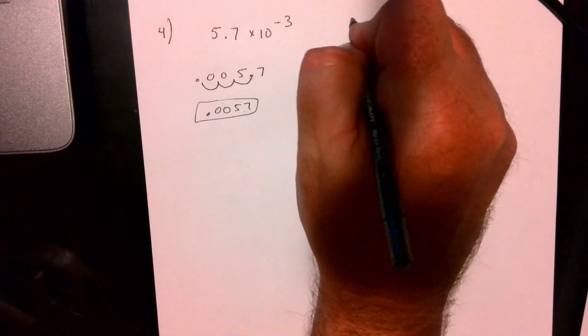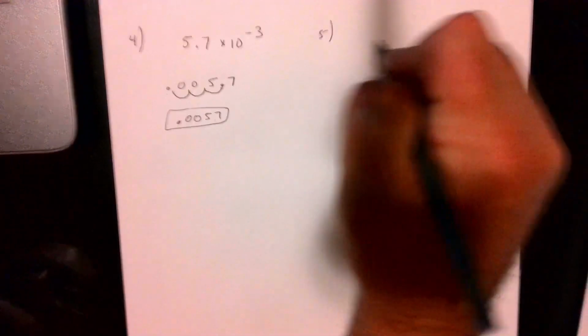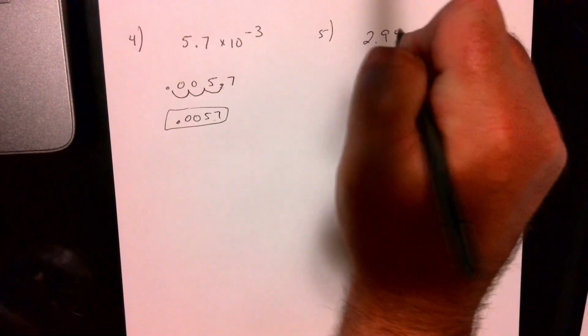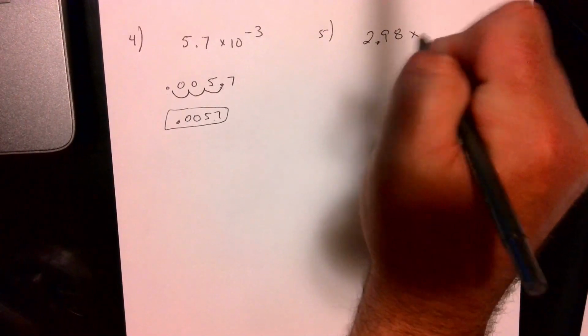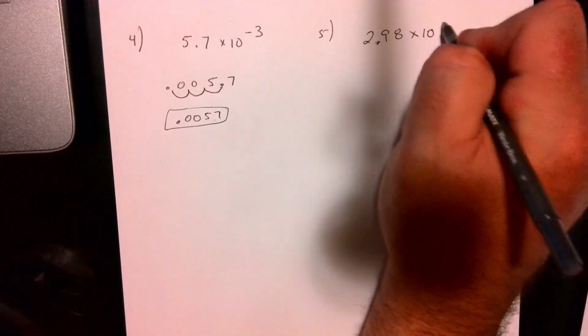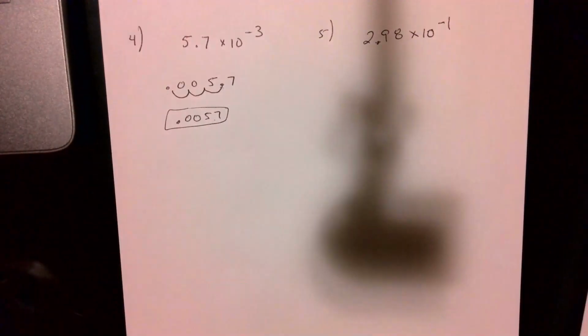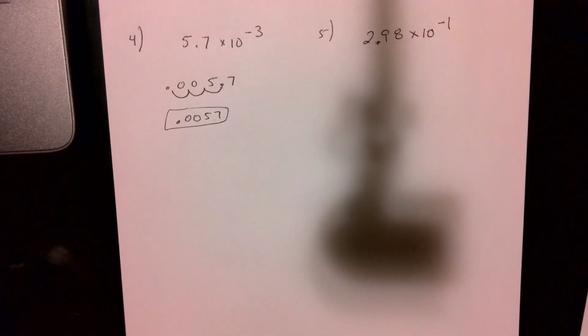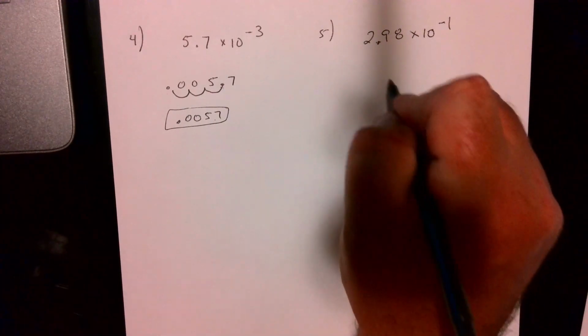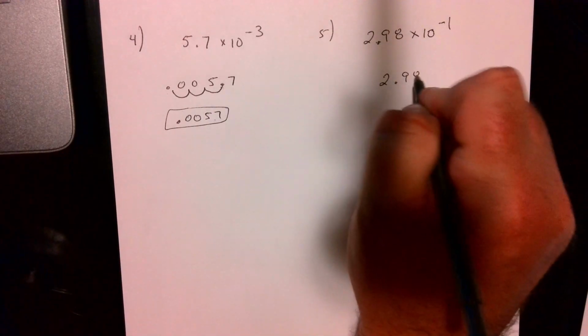Okay, you guys try this one. 2.98 times 10 to the negative first. Okay, so you got 2.98, right?